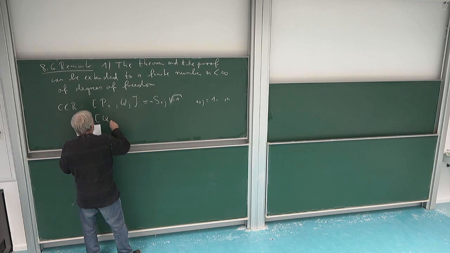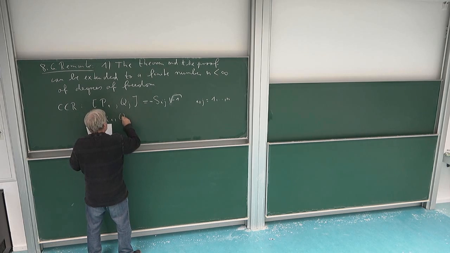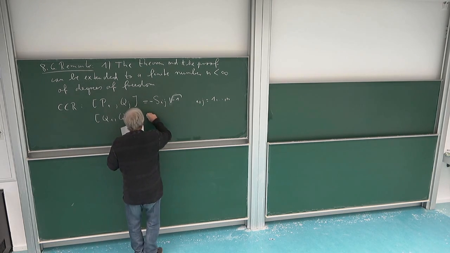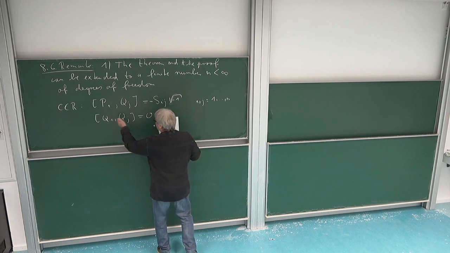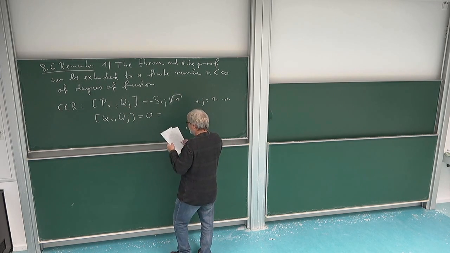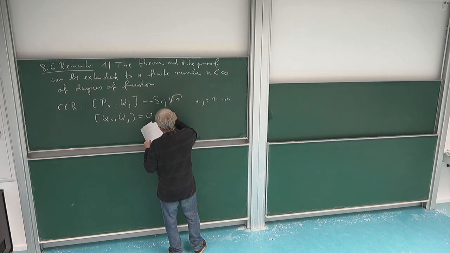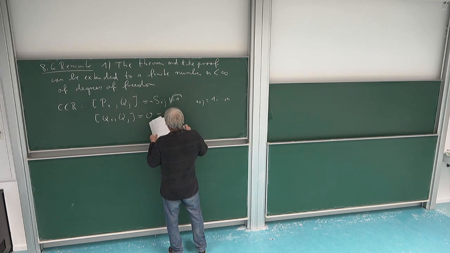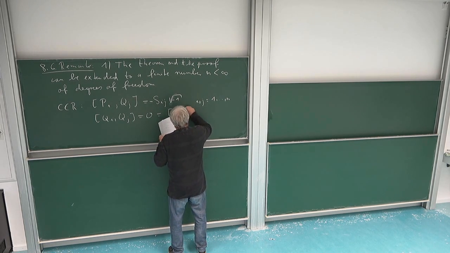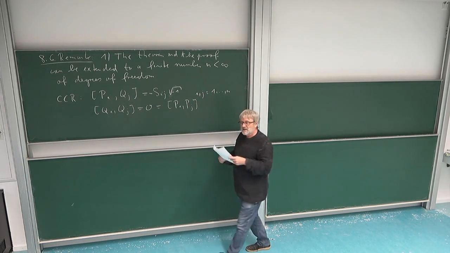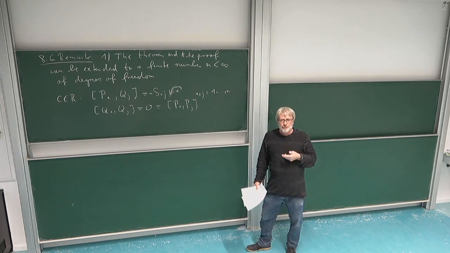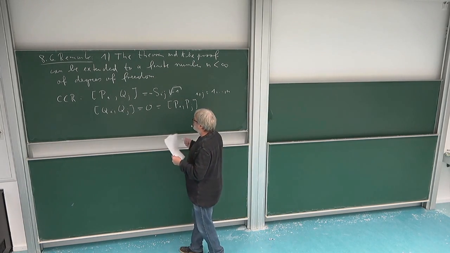So for q, I have q_i and q_j. This should always be 0; if i is equal to j, of course it's trivial, but it should also be equal to 0 if they are different. So those are the canonical commutation relations for several degrees of freedom.